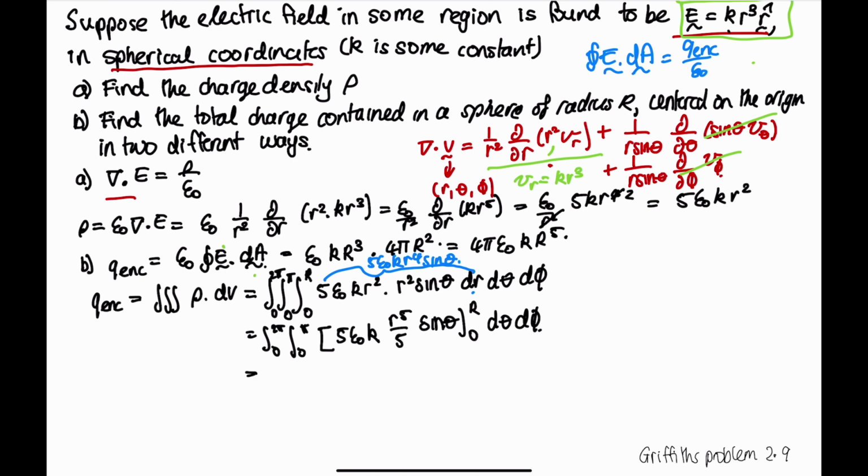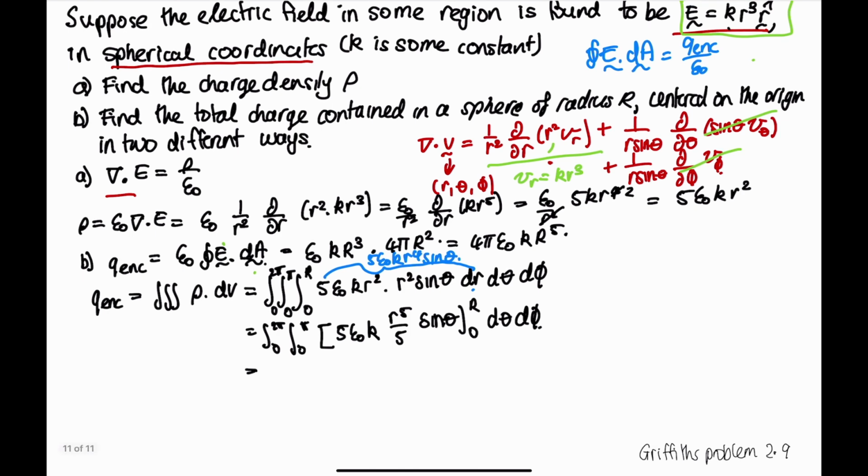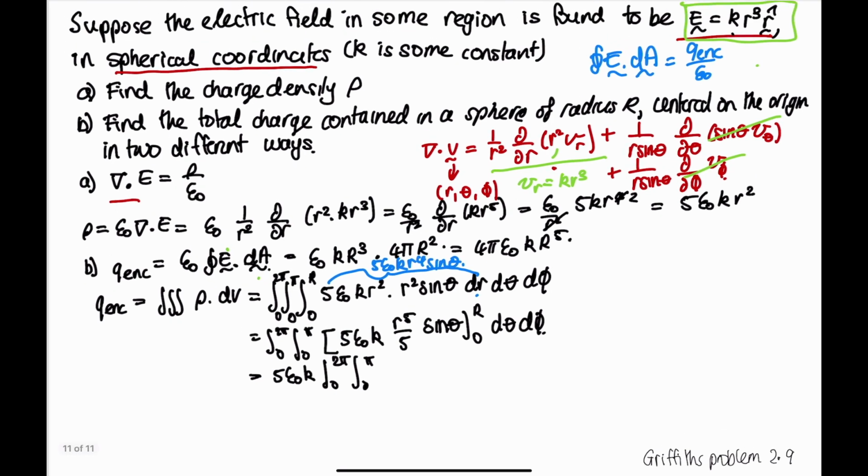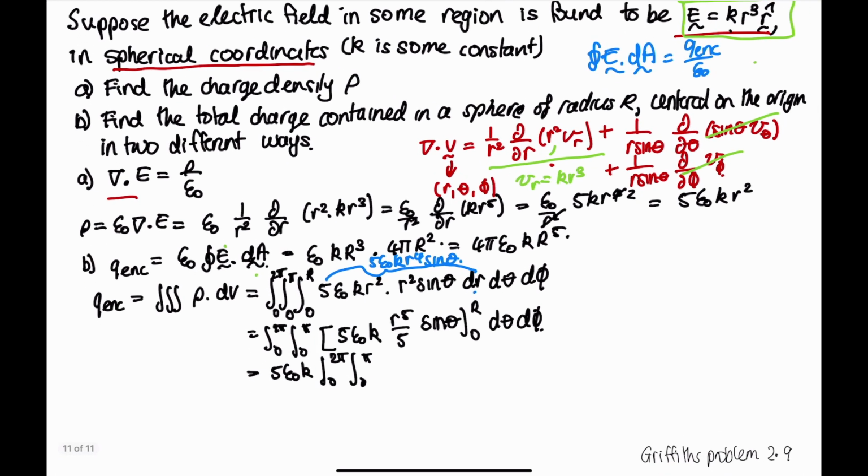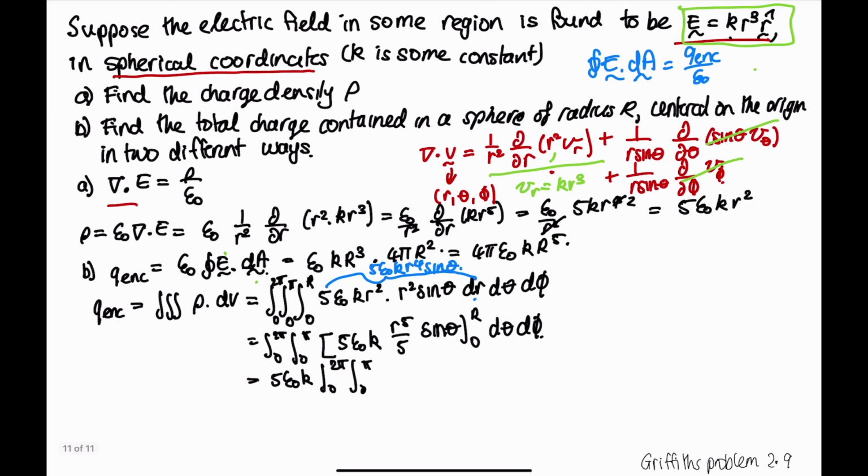And so let's pull our constants out the front, 5 epsilon naught K, and then from 0 to 2 pi, from 0 to pi, and evaluating this, the 0 one's just going to be 0, but this will be equal to R to the 5 on 5 times sine theta d theta d phi.